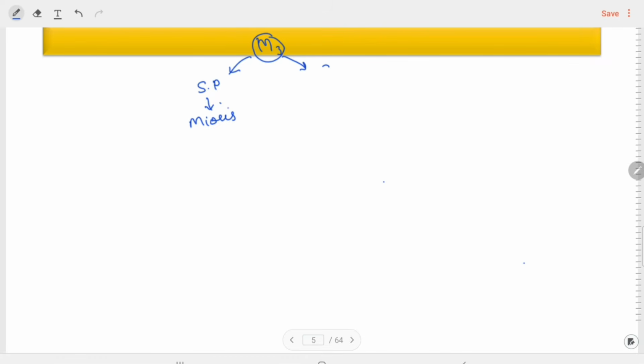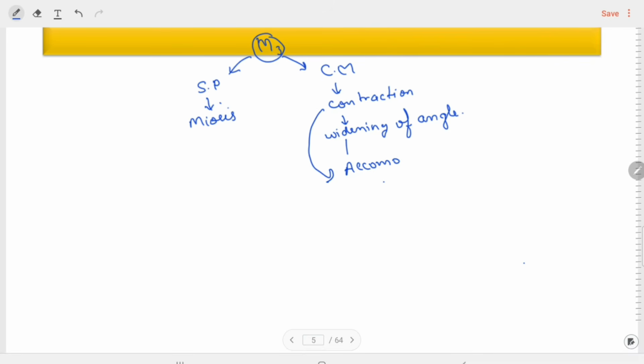The other location of the M3 receptor is the ciliary muscles, and contraction through these M3 receptors will lead to movement of the whole structure, which will lead to widening of the angle from which the trabecular outflow occurs, and it will also lead to accommodation of the lens for near vision because of the more convexity of the lens.